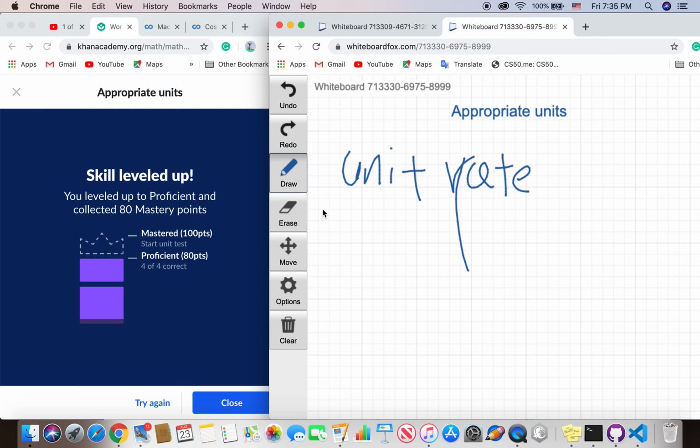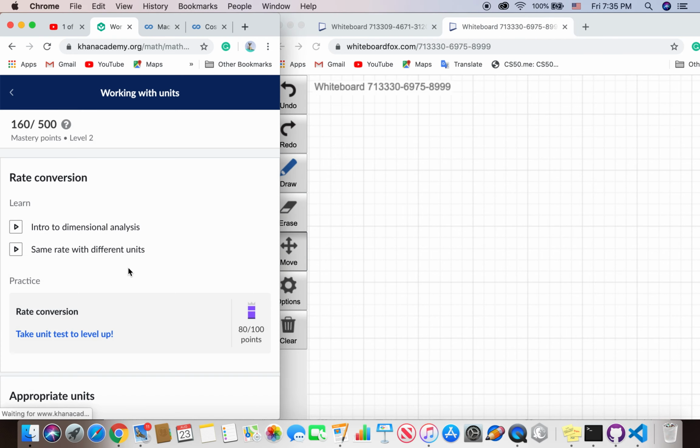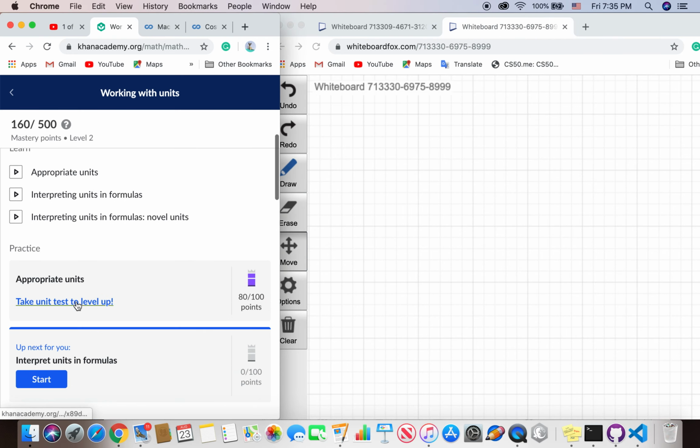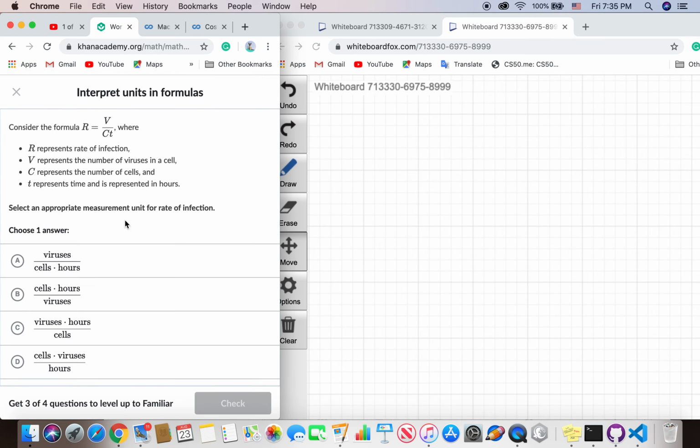So now we're going to move on to the next part, and this is called interpret units in formulas. So consider the formula R equals V over C times T, where R represents rate of infection, V represents the number of viruses in the cell, C represents the number of cells, and T represents time and is represented in hours.